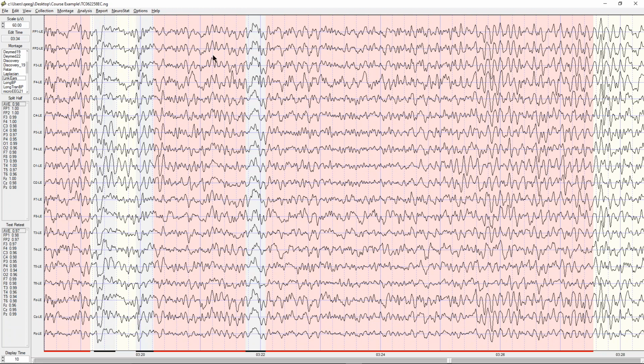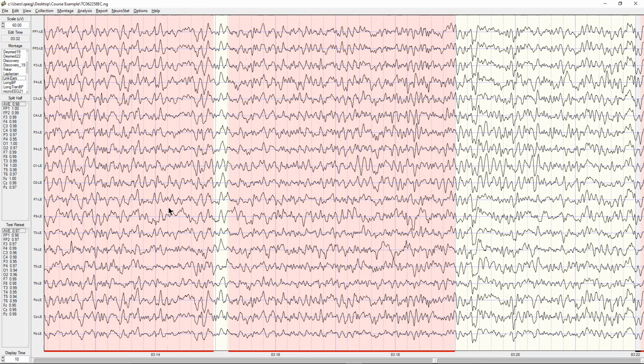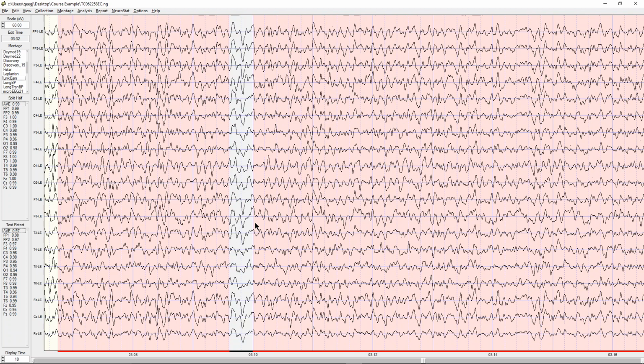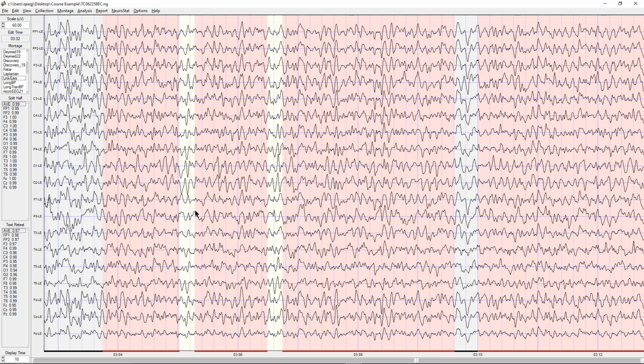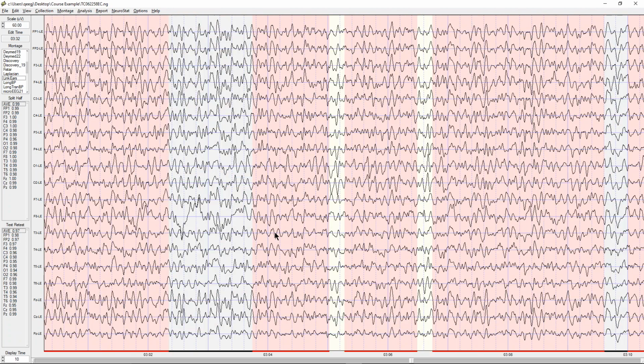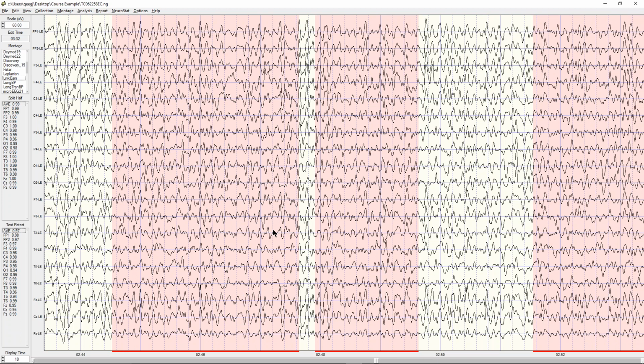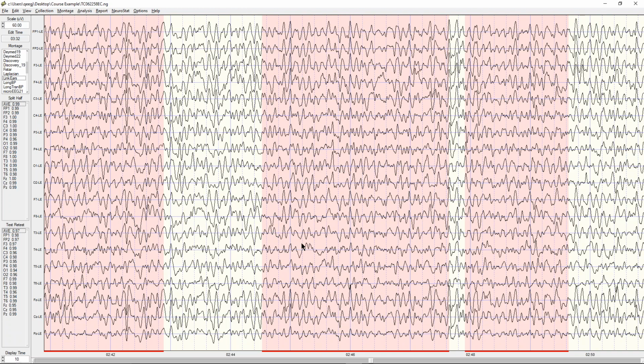This is a little bit of lateral eye movement and some other little mixed stuff, so I'm going to get rid of that. Remember, when in doubt, throw it out. We could be very picky about this and get rid of a lot of this activity.